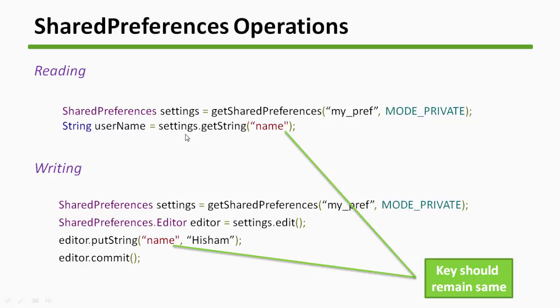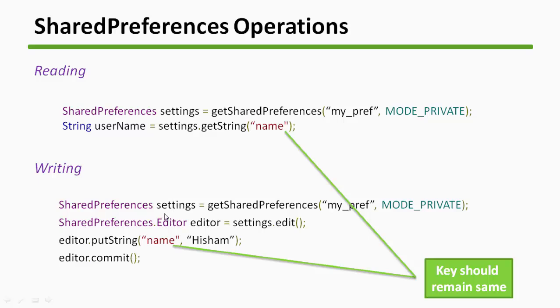And when you want to get anything, you simply write settings.getString, and you have to provide a key here. Using this key you can fetch the value. Similarly you can fetch other data types. If you want to fetch a boolean value, you will write settings.getBoolean.